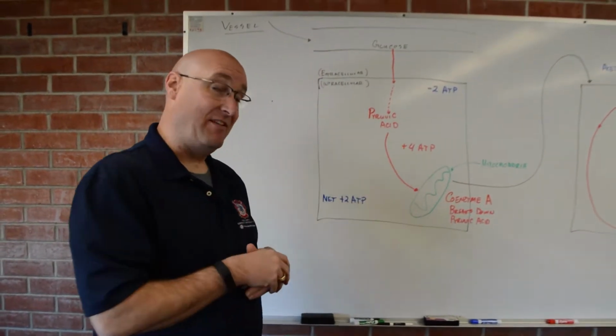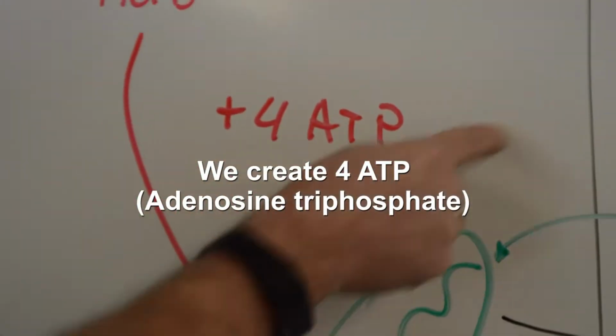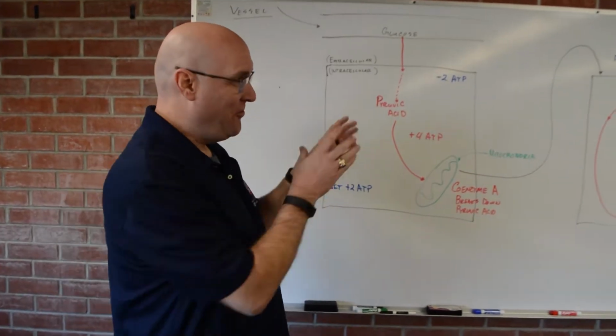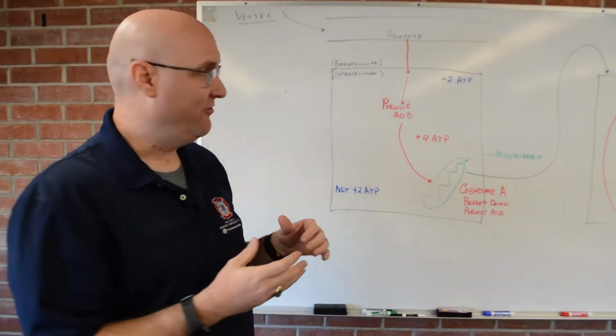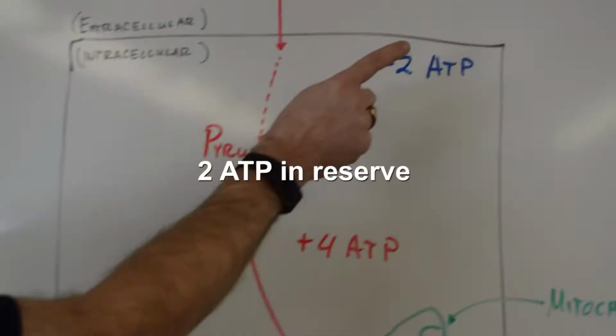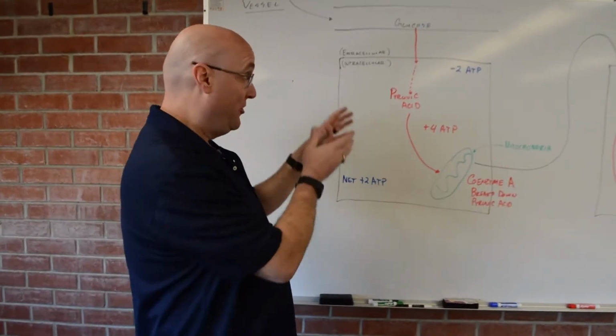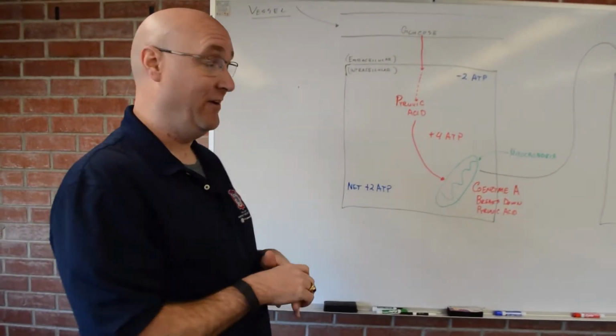And when that pyruvic acid gets broken down, we create 4 ATP. But in order for that to occur, we need energy. All this occurs in the cell as an active process. So the cell always has 2 molecules of ATP in its reserve to start the process of breaking down pyruvic acid.